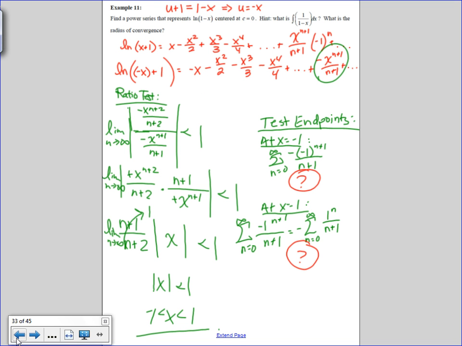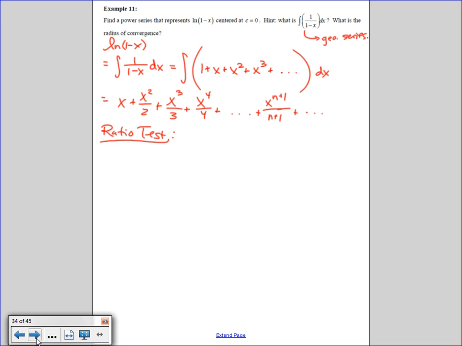Negative, negative, negative, pull out a negative of all. I still have to think about what went wrong. Anyway, it's easier now. Because now I can say, limit as n goes to infinity of x to the n plus 2 over n plus 2 times the reciprocal, n plus 1 over x to the n plus 1, needs to be less than 1 to converge.